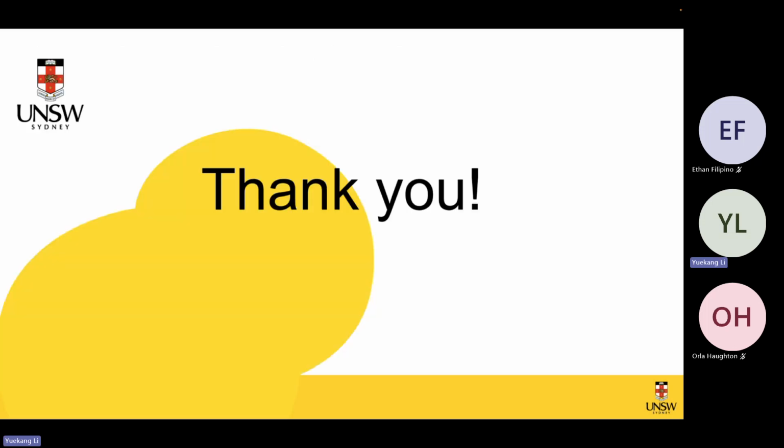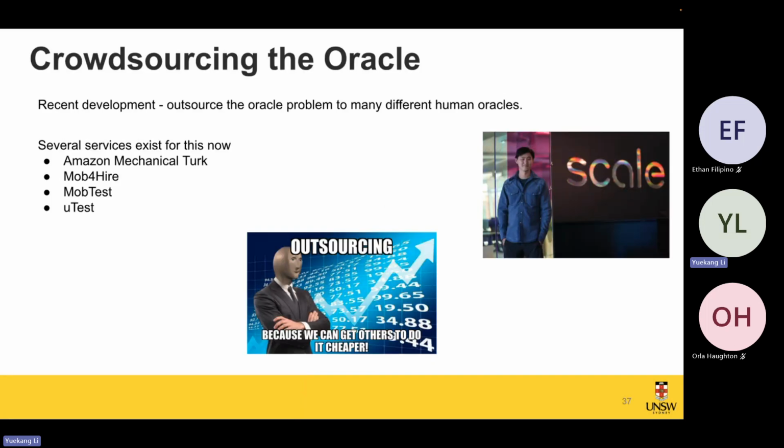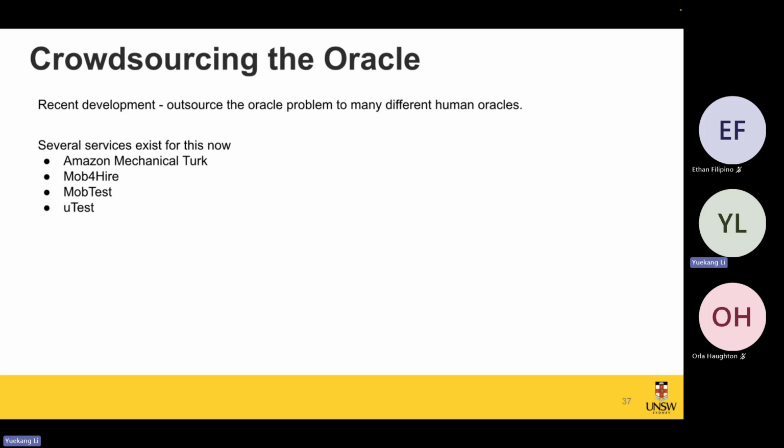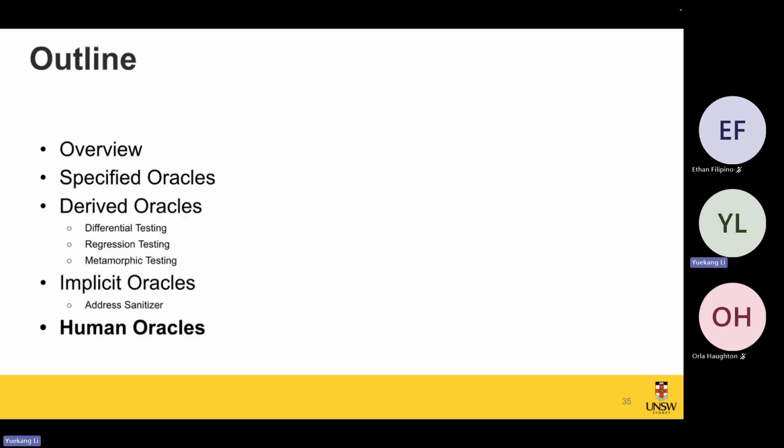So that's all for today's lecture. Before we end this lecture, let's have a quick recap of what we have learned. You can try to recall the concepts as I go through them. Today we have learned the concept of test oracles. An oracle is related to predictions, right?